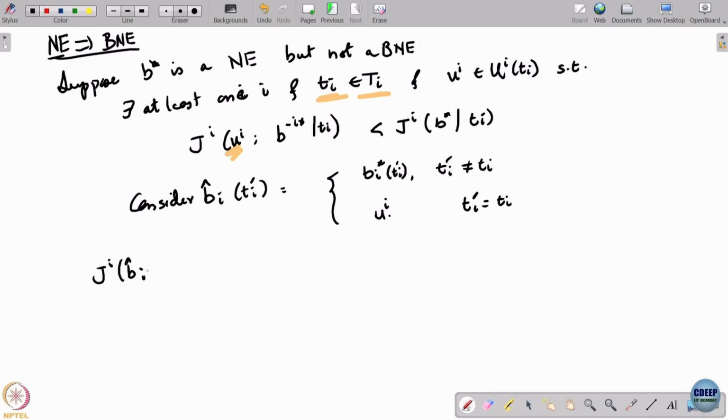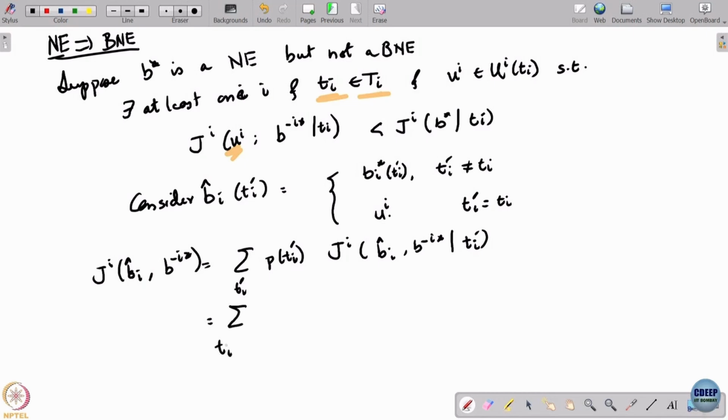So you get B hat i comma B minus i star, you take this summation of P of Ti dash, this Ji of B hat i, B minus i star given Ti dash, and let's just write this out.